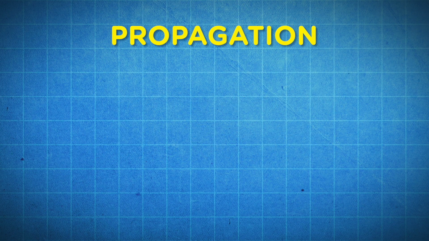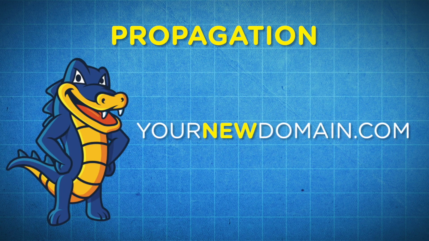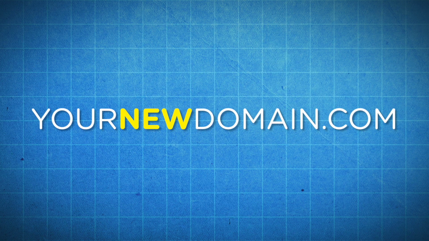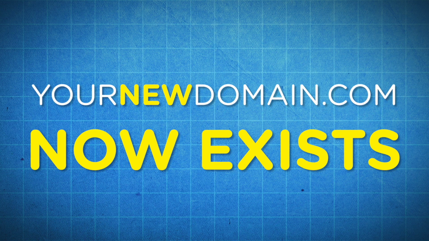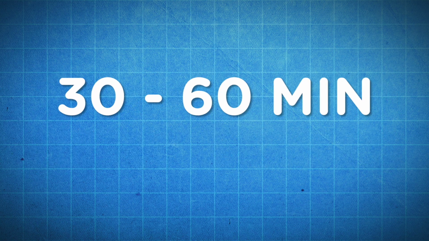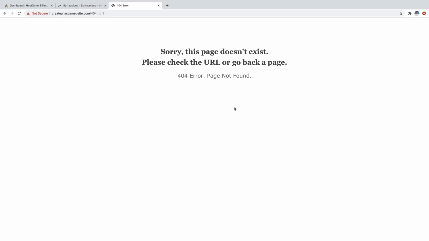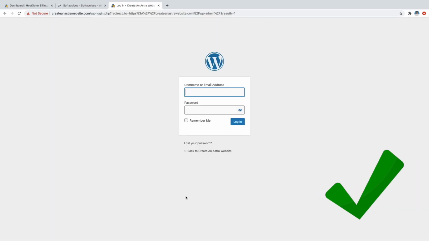What that means is that HostGator now has to send out your new domain name that you just registered across the entire world to let every server in the world know that this new domain name now exists and it's live. This process can take anywhere from about 30 minutes to an hour, though it usually only takes a few minutes. So every 5 minutes or so, just refresh the page and check on it. Whenever you're taken to a page that looks like this, you know that you can now log in.